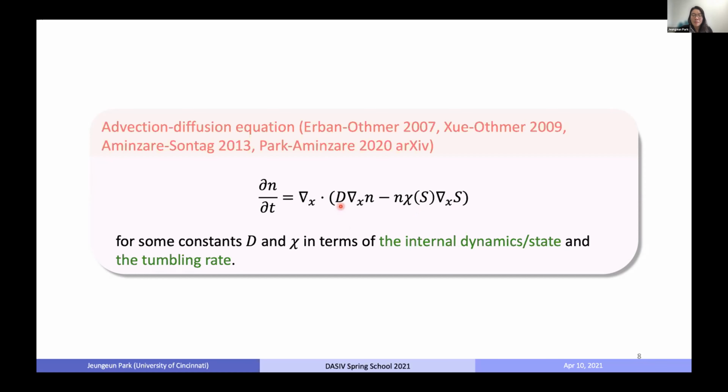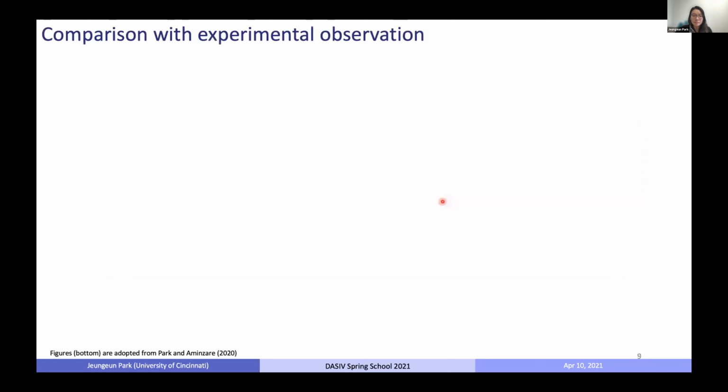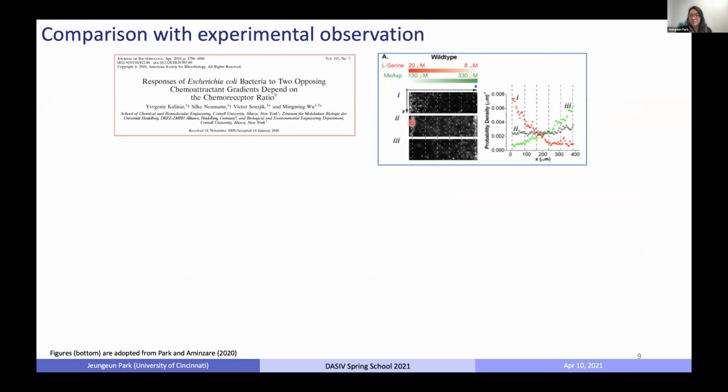So basically, my work with Zier is inspired by the following paper. This is an experimental paper describing the collective behavior of cells when we have two different signals on the left and right; some move to the left, some choose the right.